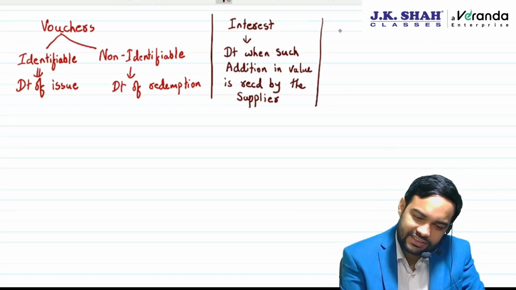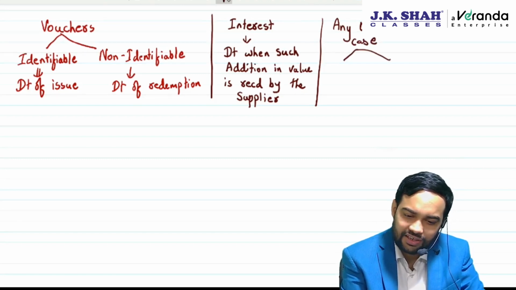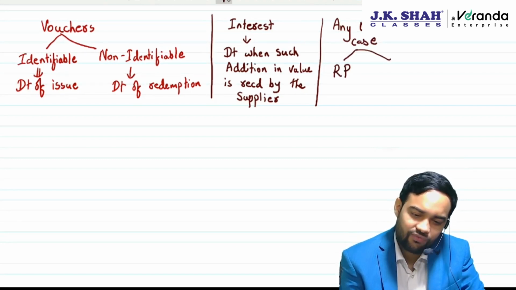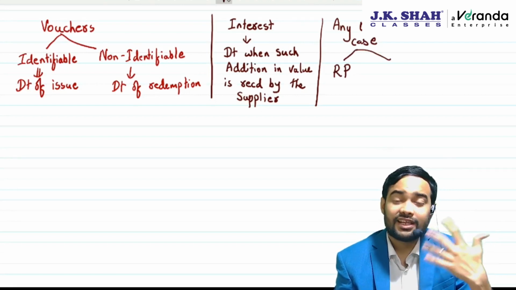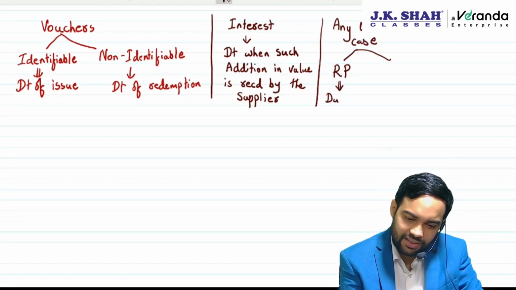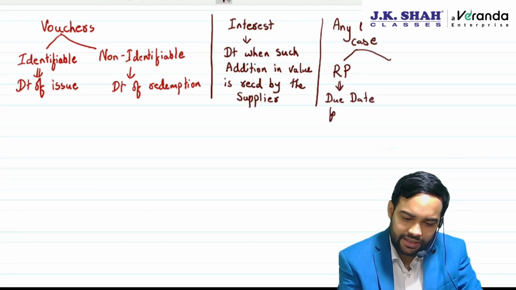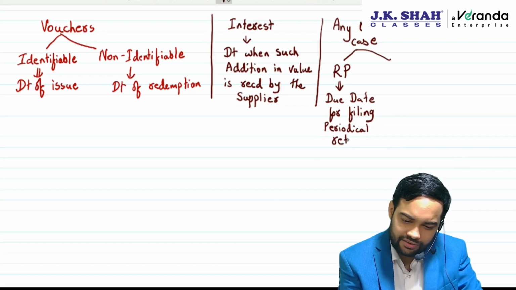And then the law says any other case. Now, in any other case, the time of supply depends on whether the person is required to file a periodical return. If it is required to file a periodical return, that means we are talking about a registered person, then the time of supply will be the due date for filing the periodical return.